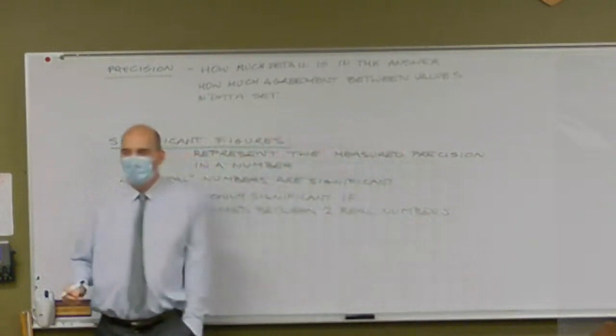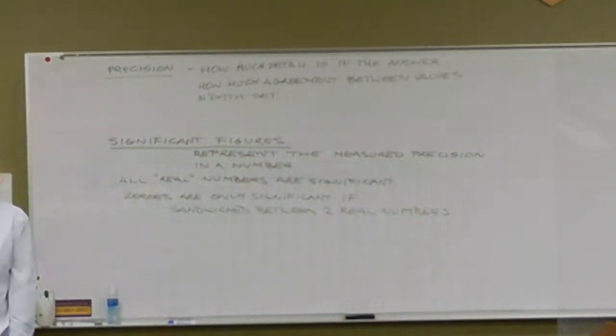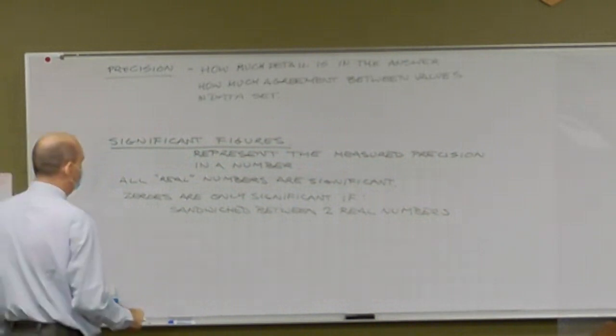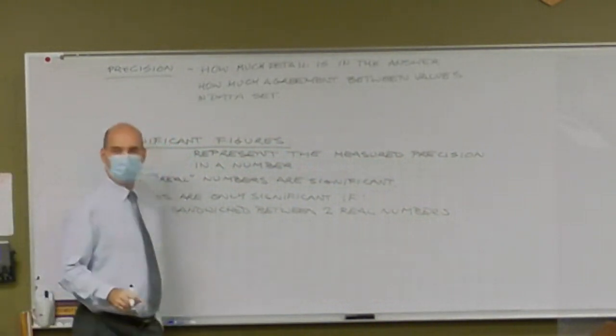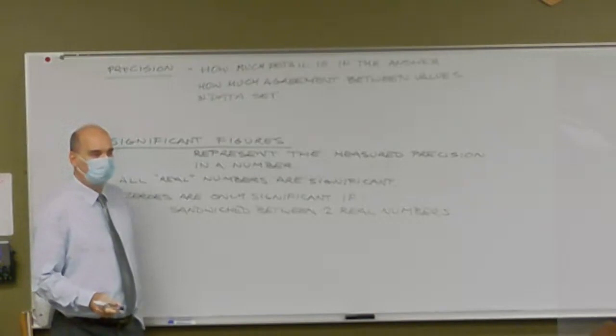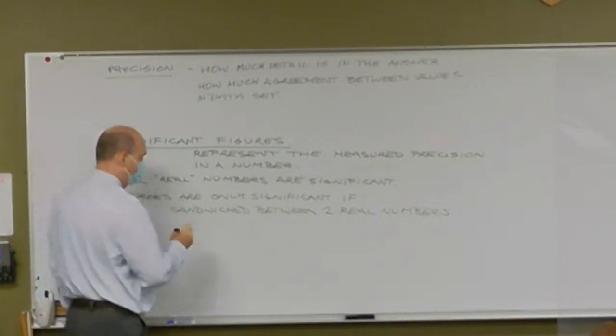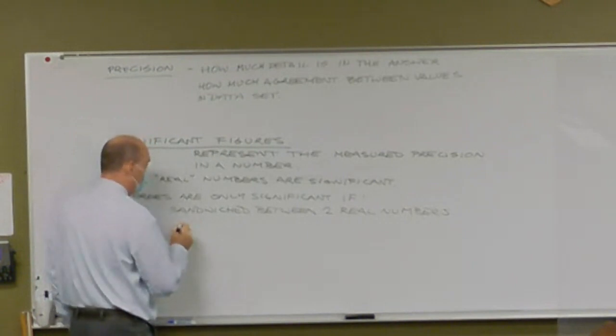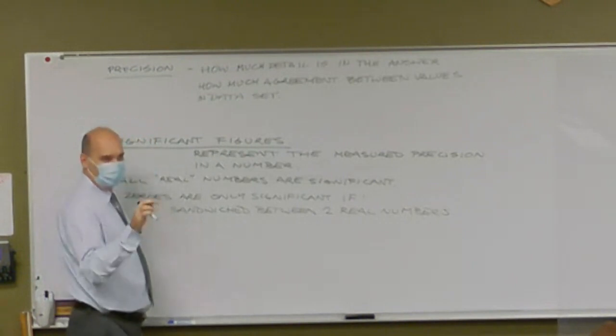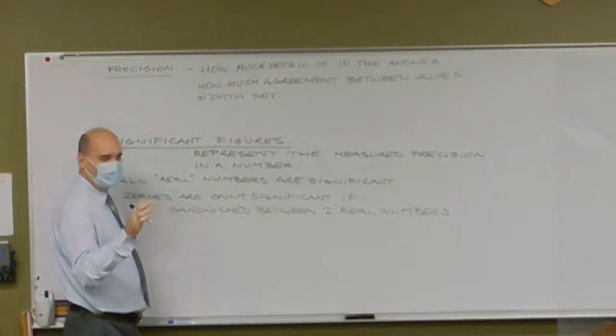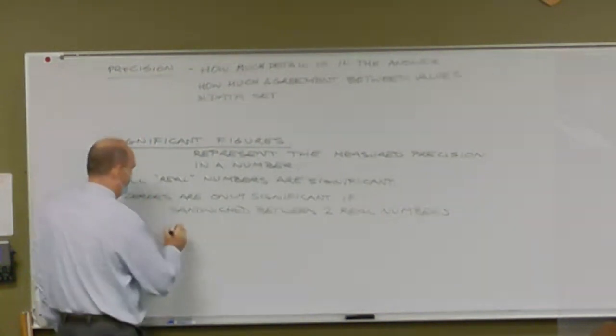So a zero that occurs between two real numbers counts. What else? There's another one. Go ahead. It's after the decimal, but it's also after non-zero. Yeah, so that one's actually kind of two things, isn't it?